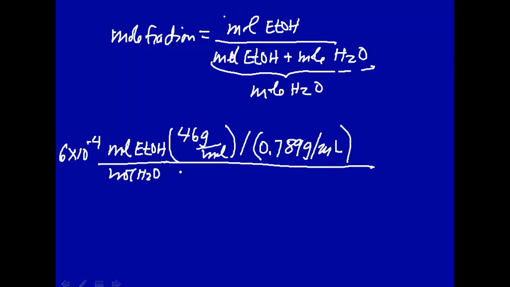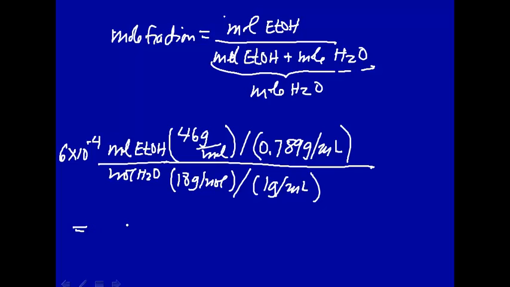And if we have a mole of water, we multiply by 18 gram per mole to convert it to grams, and divide by the density of water, which is 1 gram per milliliter. So there's a conversion. That'll give you the volume of ethanol divided by the volume of water.